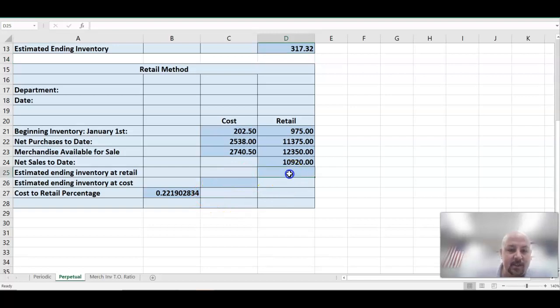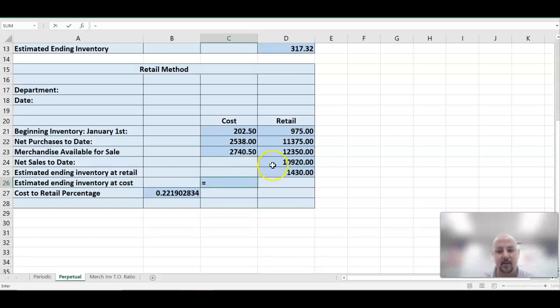Let's do this retail method now. We already have a bunch of it filled in. We're going to do a subtraction problem here. We're going to take merch available for sale minus net sales to get the inventory amount we have at the retail price, but we want to find the cost of inventory.